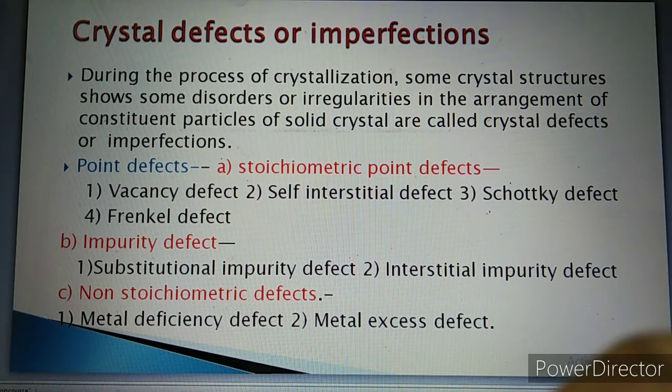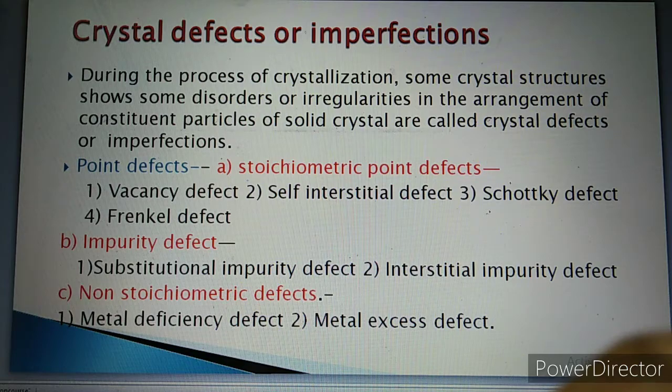Then in impurity defect again there are 2 types: substitutional impurity defect and interstitial impurity defect. The third type is non-stoichiometric defect, in which there are 2 defects: metal deficiency defect and metal excess defect.